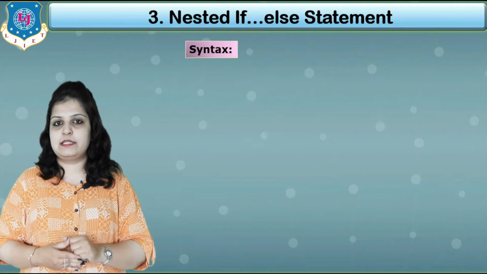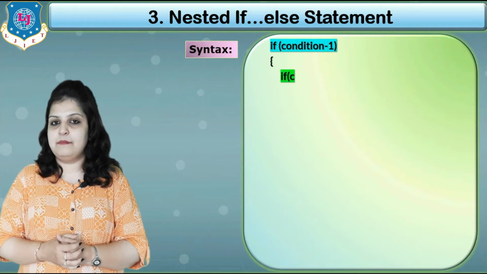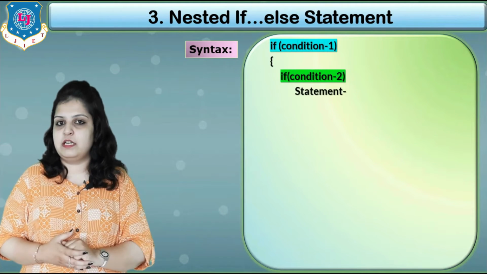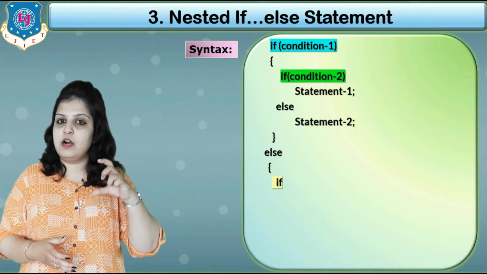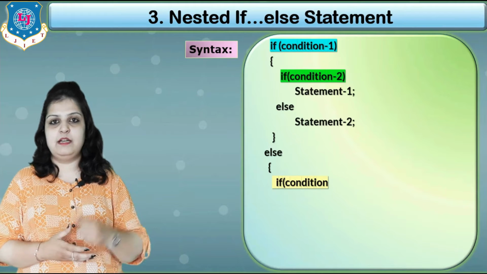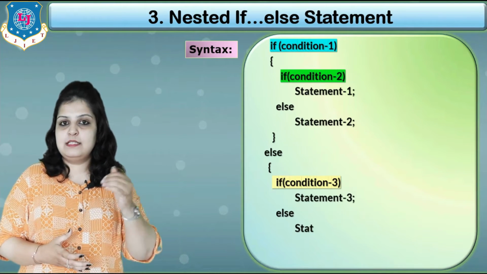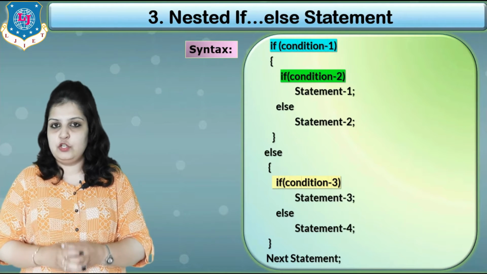Let's see the syntax. So here, first if, you can see that in brackets I am writing condition 1. Why condition 1? Because this is the first condition. And in this if portion we have to again write an if else statement. So here again, if condition 2. This is the second condition, that's why I am calling it condition 2.